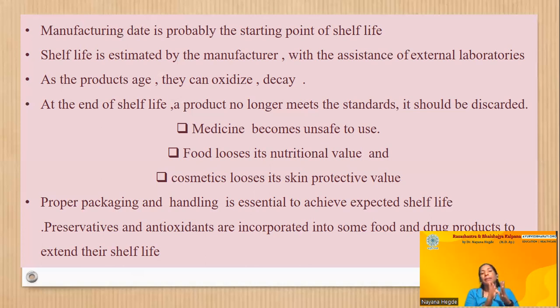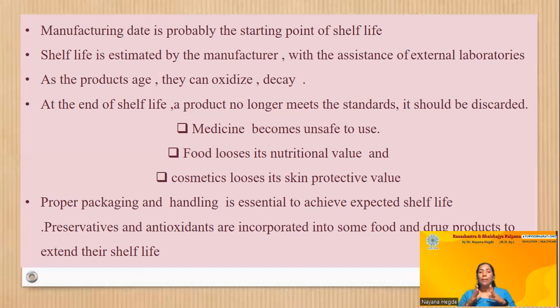So then that medicine or the content should be discarded. If the medicine lost its shelf life, it becomes unsafe to use. Food loses its nutritional value. Cosmetics loses its skin protective value.